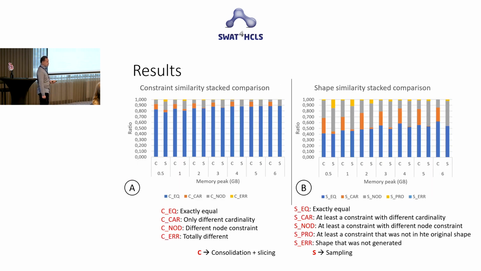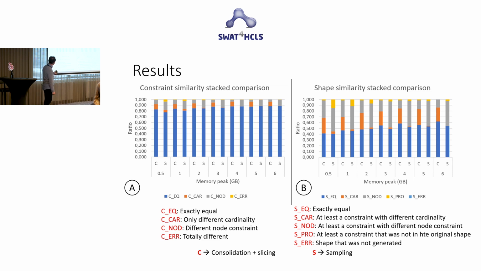Then these are the results we got. This here is the constraint-based result, and this part is the shape-based result. Sorry, it's very small, but this part is the consolidation, and this here is also consolidation.